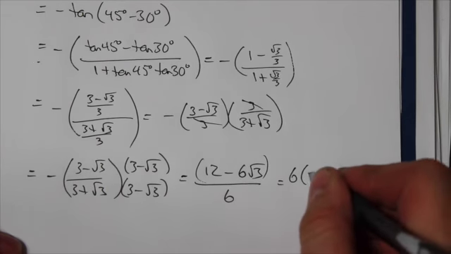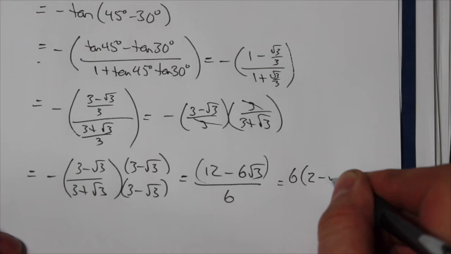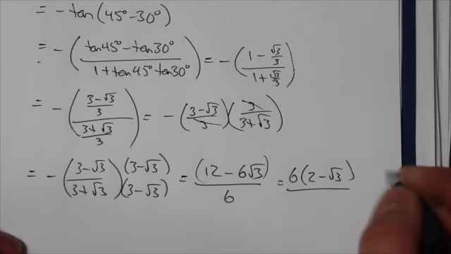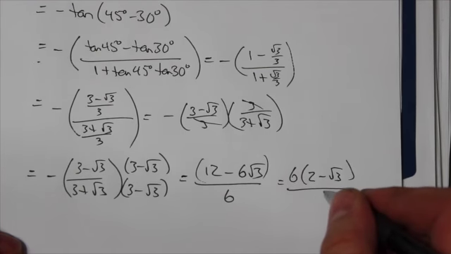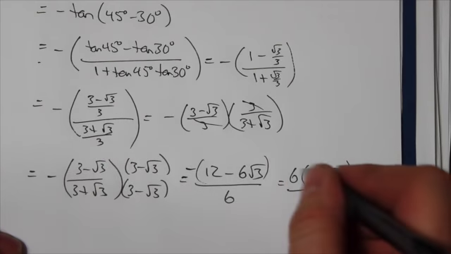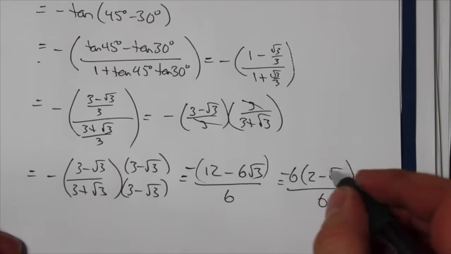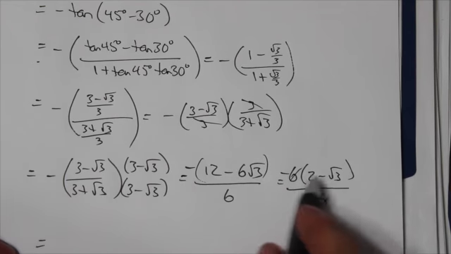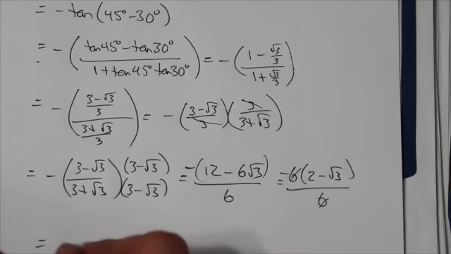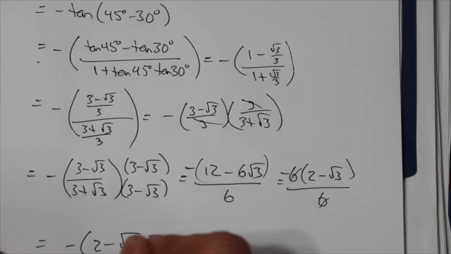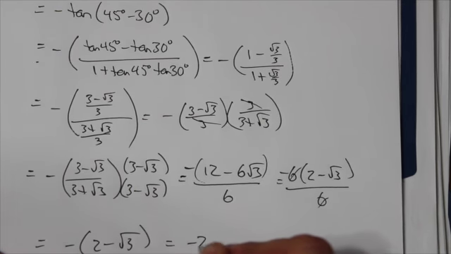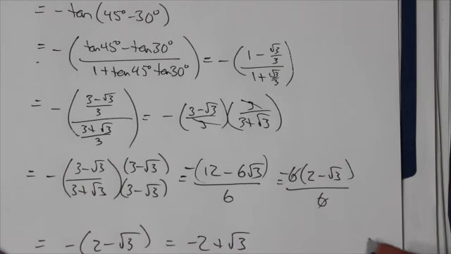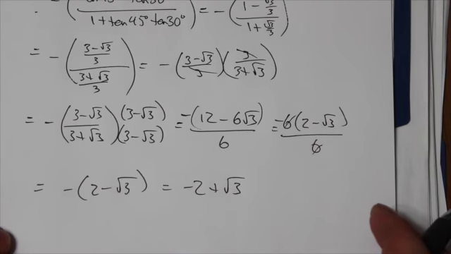So we're going to factor out a 6 and make that 2 minus root 3 all over 6. Oh, that's right, I lost the negative. Whoops. Still that negative out front, but then those will cancel. Take out the 6, and I'm left with negative 2 minus root 3, or finally negative 2 plus root 3. Sorry, whole lot going on in that problem.